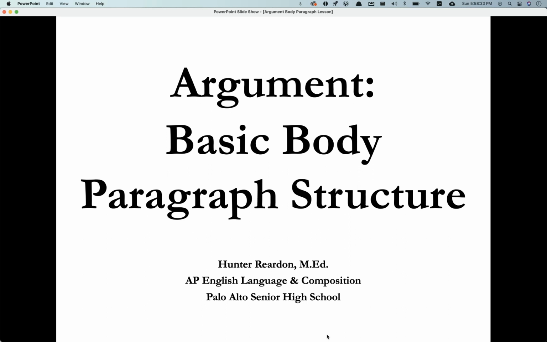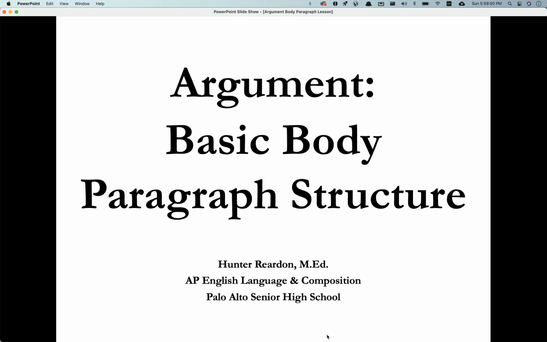I'd like to walk you through the next part of our argument unit, which will be the structure of a basic argument essay. There are a lot of argument structures out there that a person could use to write an argument essay, but I'd like us to start in this class with the fundamental 4 or 5 paragraph intro, body, conclusion structure.